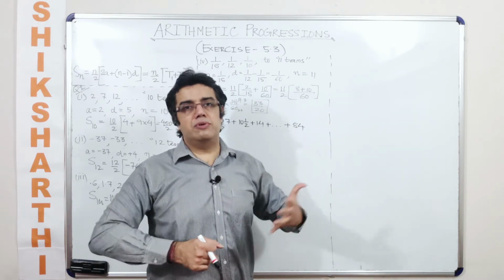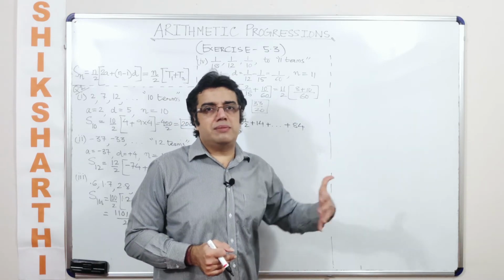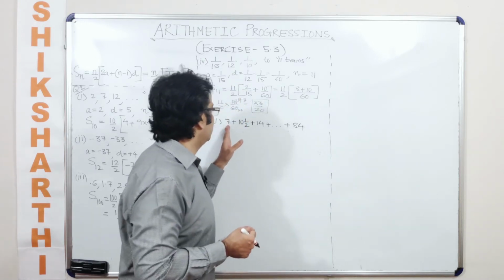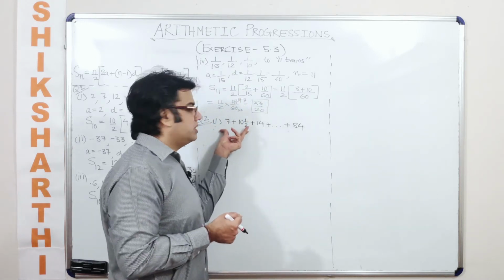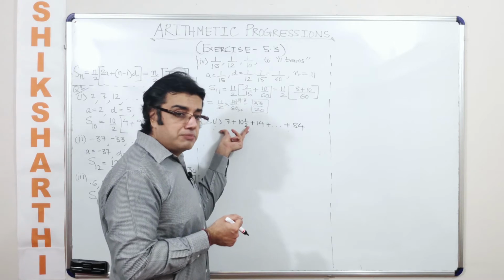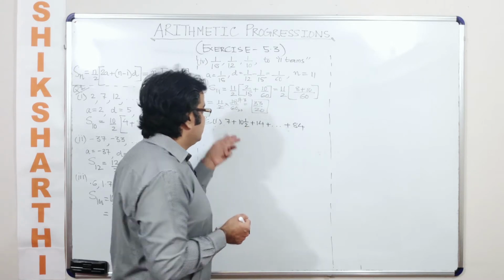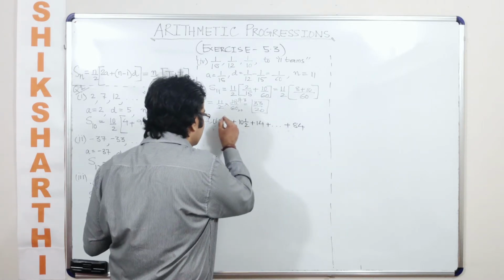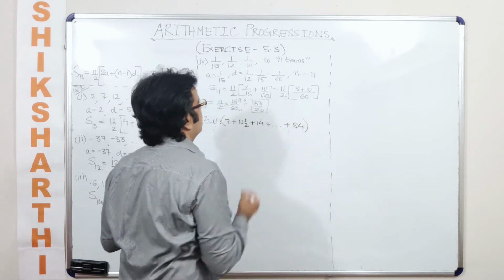Why progressive? Because it is progressing. I mean the sum is increasing. If I take only the first term, it is 7, but if I take the first 2 terms, the sum of the first 2 terms comes out to be 17 and a half. Which is why in the real sense this is known as arithmetic progression.